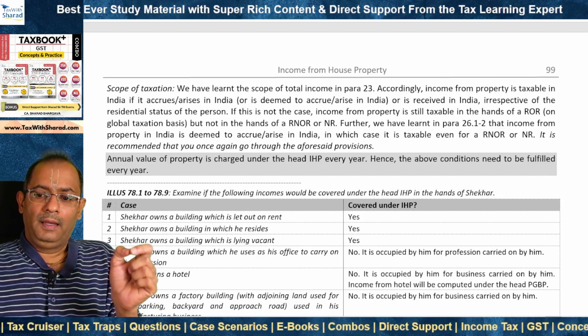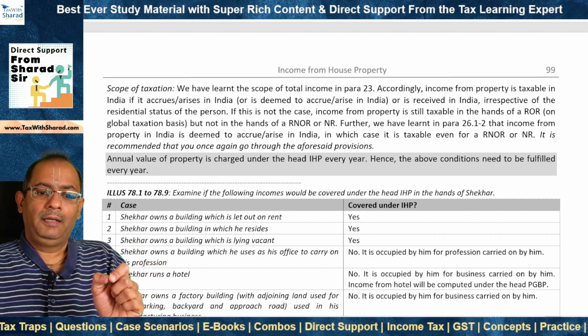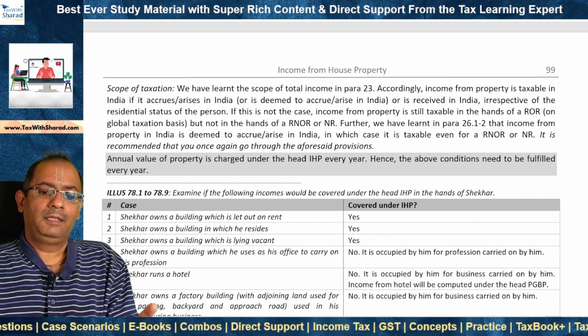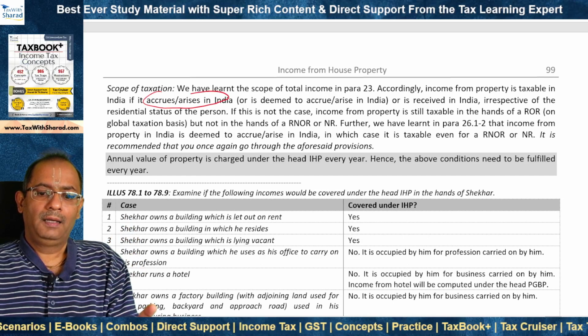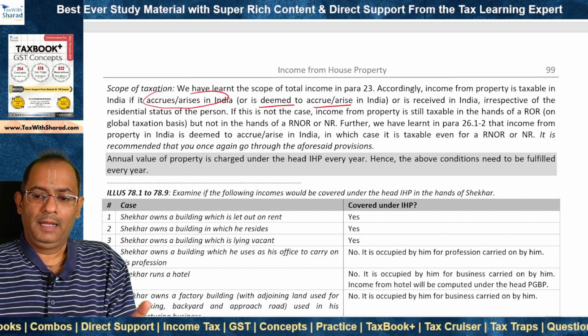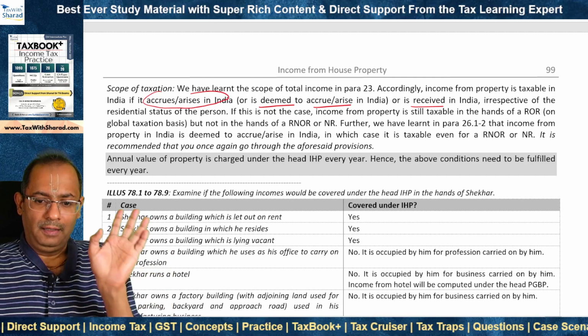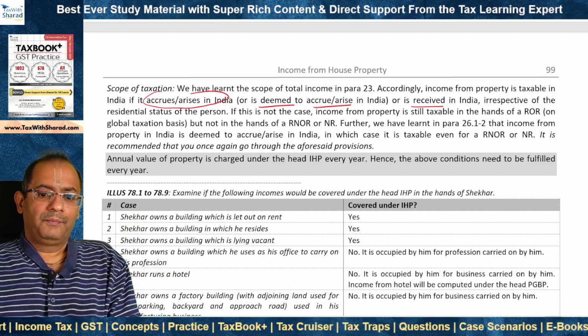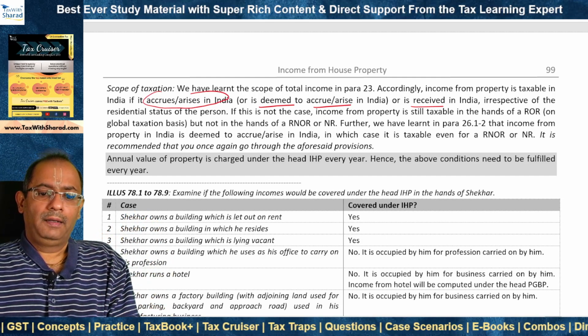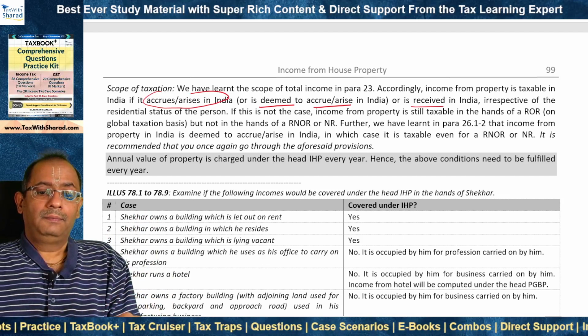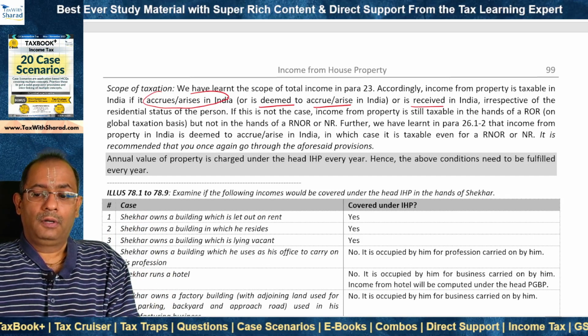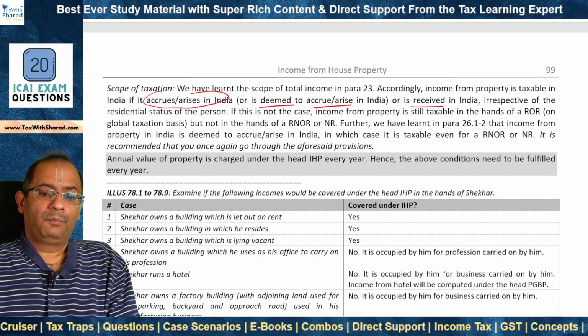Therefore, income from property is taxable in India if it is Indian income. That means it accrues or arises in India, or is deemed to accrue or arise in India, or is received in India, right? We also noted when is the income from a property deemed to accrue or arise in India?